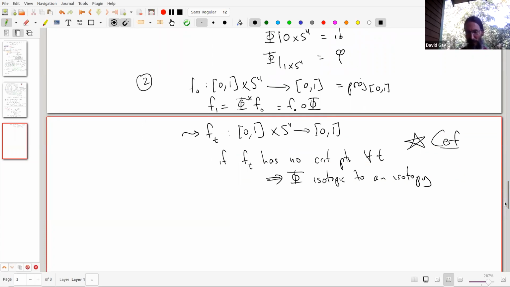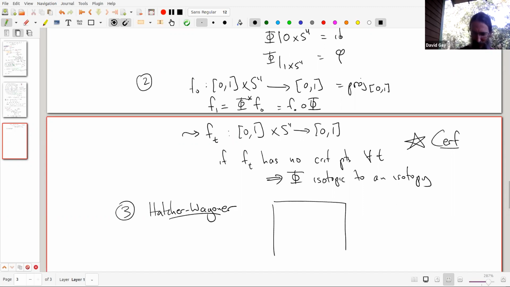And by showing how to remove critical points, you have a one-parameter family starting with a Morse function with no critical points, ending with one with no critical points. In the middle, interesting things happen. So then you refer to Hatcher-Wagoner, who studied Cerf's work a little more carefully, and you find a lemma that says you can always get a Cerf graphic, in this case, to look like this.